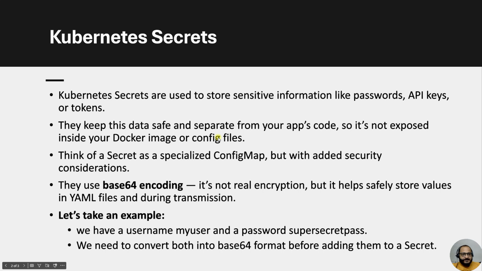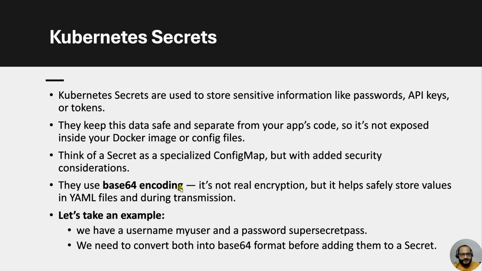Okay, so when we use Kubernetes Secrets for our application configuration or application credentials, first we need to encode these secrets. We cannot directly use plain text format. First we have to convert our secret into base64 format, which is called base64 encoding.